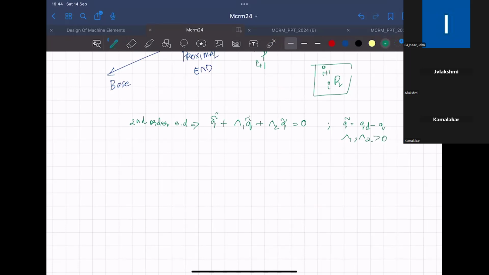The dynamic equations of the robot are also given as M of q, q double dot plus n of q, q dot.